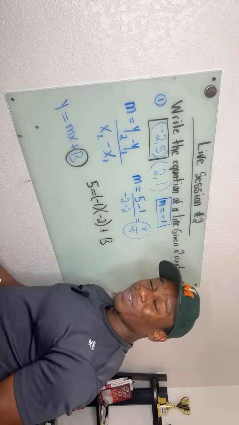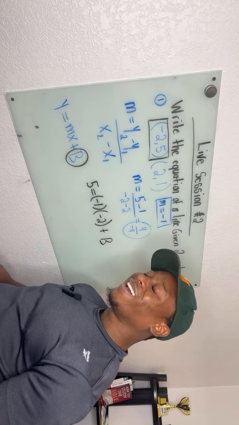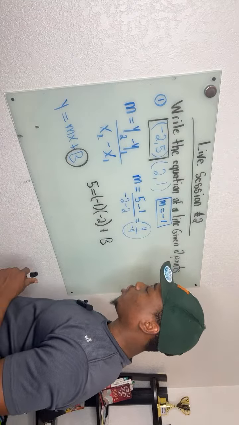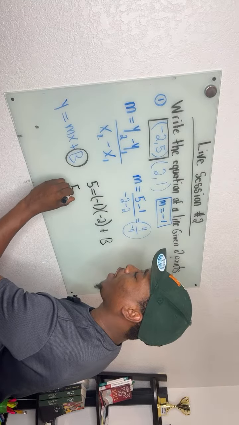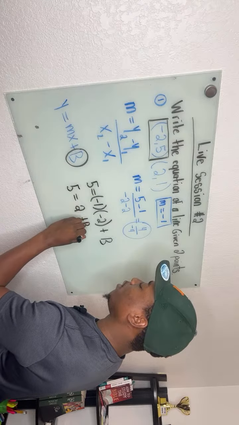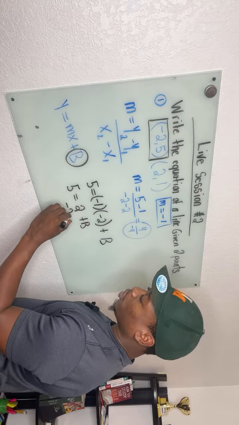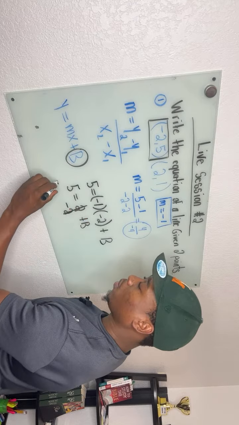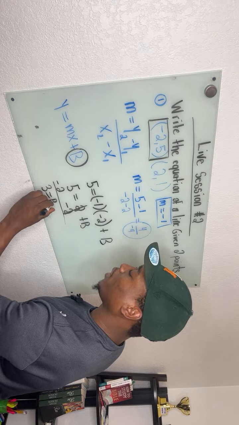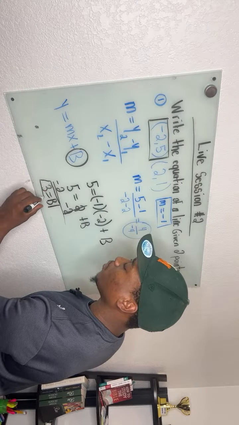At this step, it turns into a regular equation, and I know you guys at this point of the year are excellent at solving equations. So we're going to have 5 is equal to +2 plus b. After I subtract 2, I'm going to get 3 is equal to b. So what does that mean, Mr. Peters?